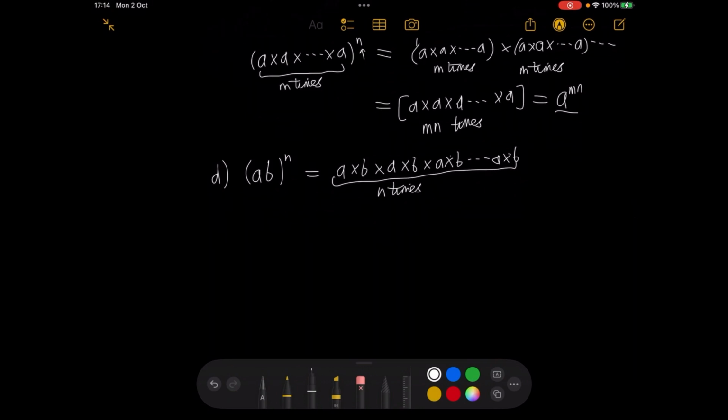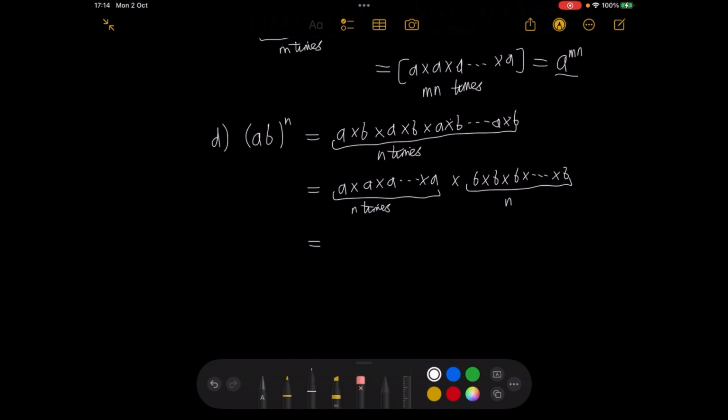Now again, because we can multiply this out in any order we like, we can separate out the a's, and so on. There are clearly n a's because we have n ab's, and you have an a in each one of them. And similarly for b, n times.